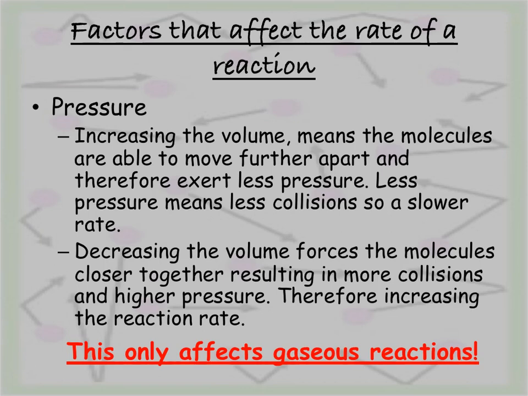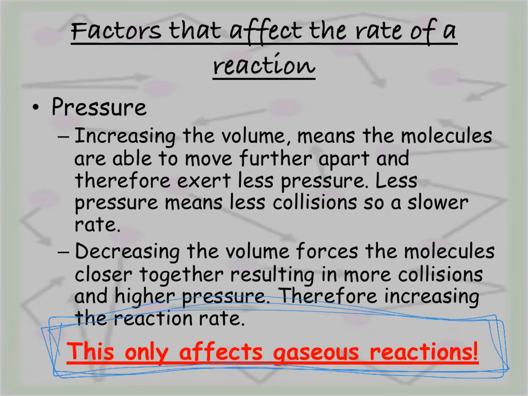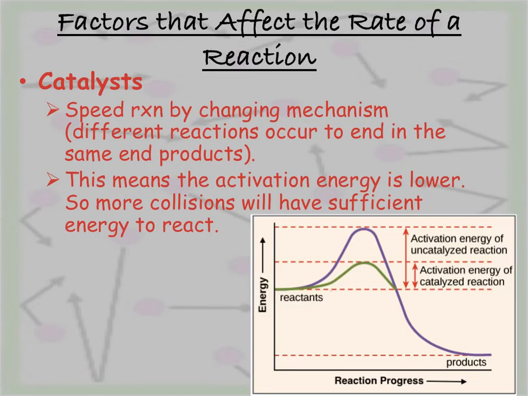If we decrease the volume, that makes the box smaller, we have increased the pressure because we're forcing the molecules closer together. So they're going to have to collide more. So that's going to increase our rate. I want to make note here, okay, that pressure and volume are only going to affect reactions that have gases in them, okay? So make sure you make a note of that.